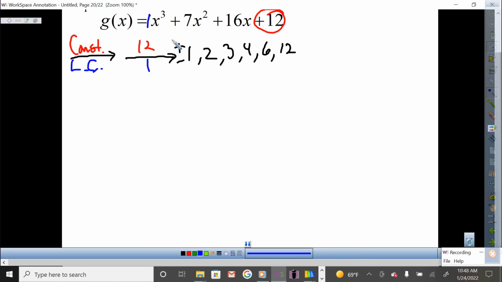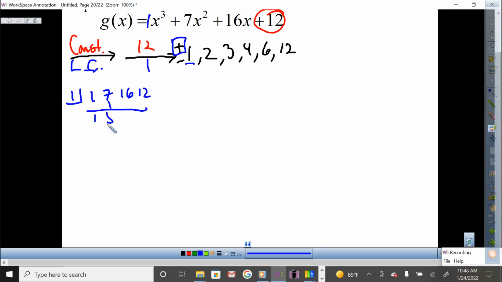All right, so with blue, we're going to start with what? Positive 1, yes? All right, Nano, what do I write here to start my synthetic division? 1, 7, 16, 12.